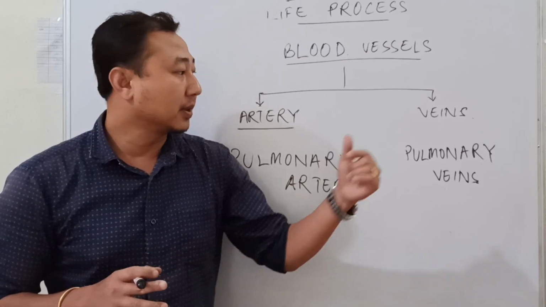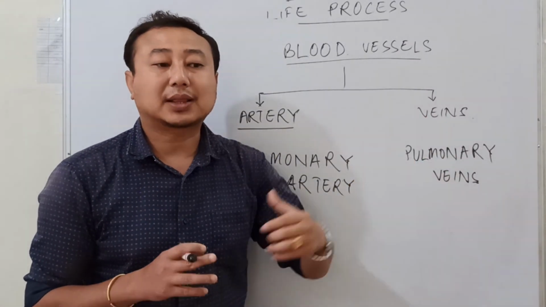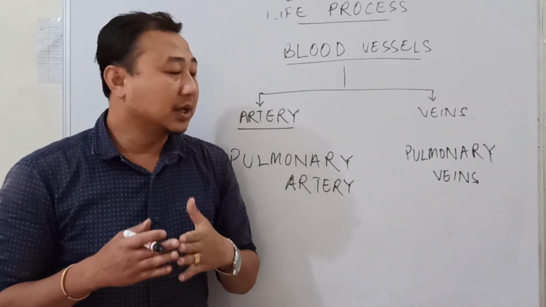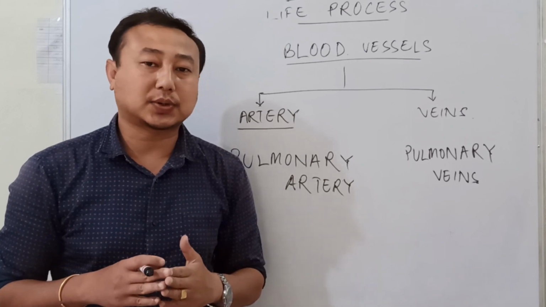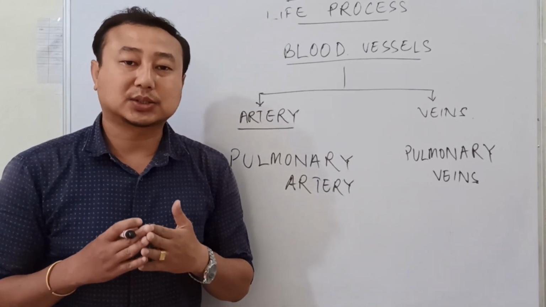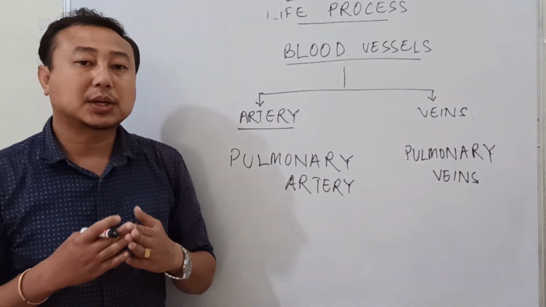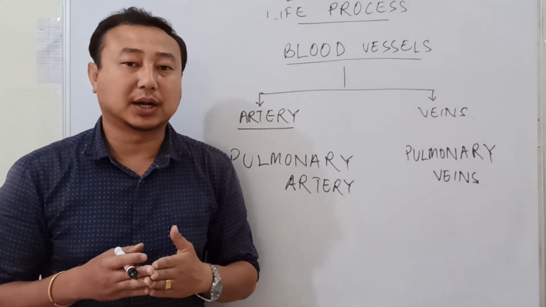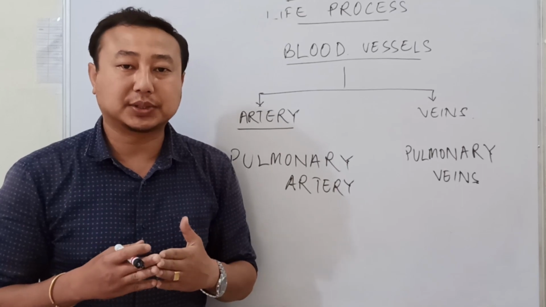Because of that, there is a thin wall in the case of the vein. The veins also have a door-like structure which opens only in one direction. The door is known as a valve. This valve prevents the backflow of the blood to where it originated.